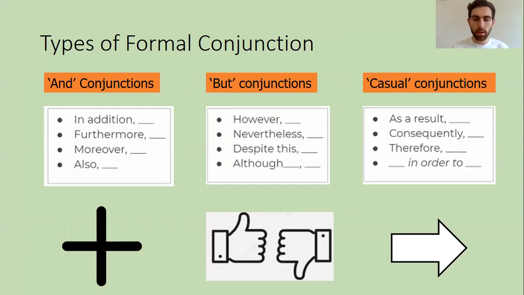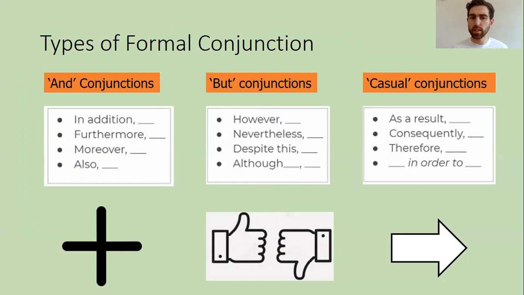We've got however, nevertheless, despite this, although. These but conjunctions show a contrast, two sentences being opposite to each other. And then we have causal conjunctions, which show one sentence causing something else to happen, or one event causing another event. So we've got as a result, consequently, therefore, and in order to.